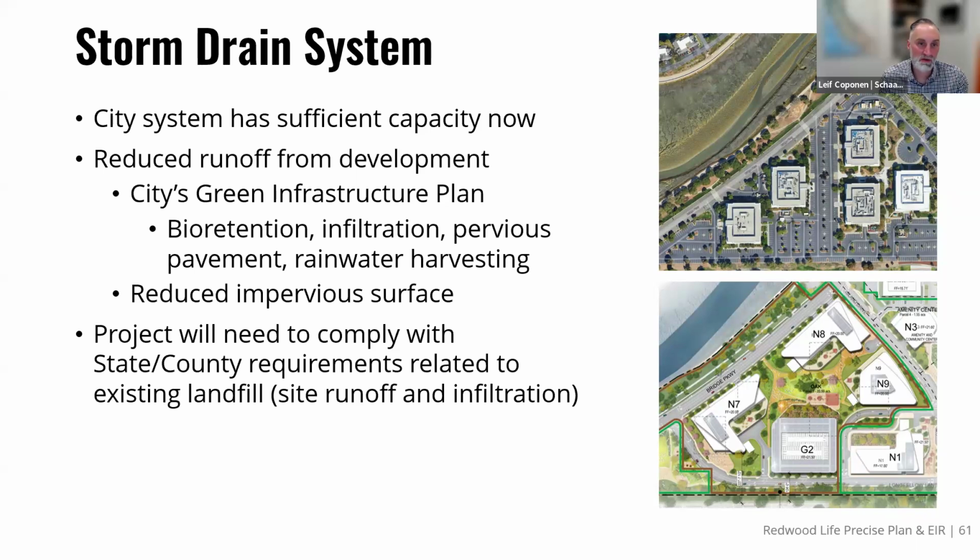And that is mostly due to the city's green infrastructure plan, which requires commercial redevelopment and commercial developments to implement LID or low impact design features, including bioretention, infiltration, pervious pavement, and rainwater harvesting as part of their projects.